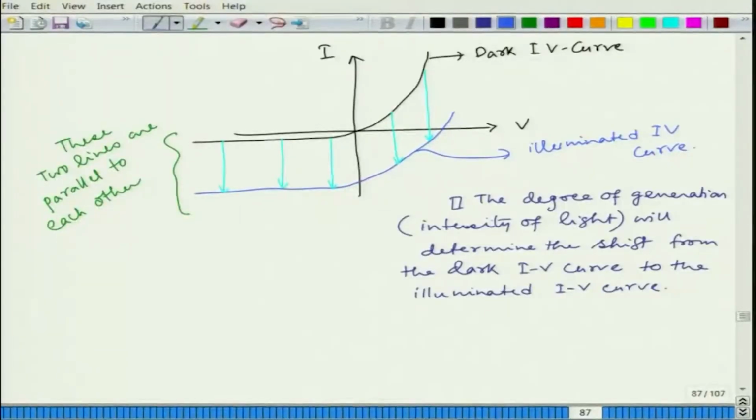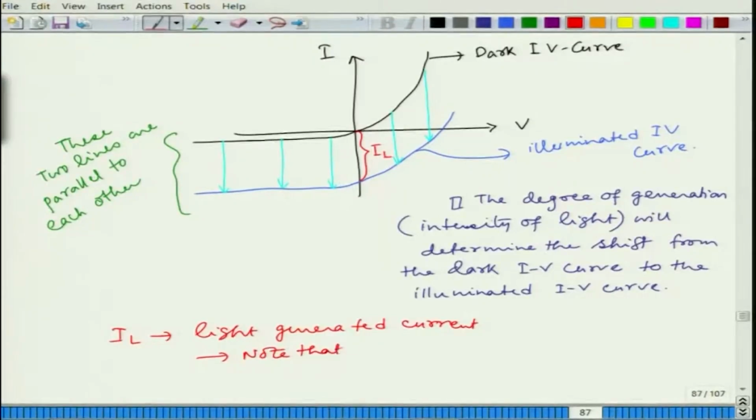And this particular shift, which we can call IL, because that is on the current axis, is called the light generated current, and note that it is in the negative direction.